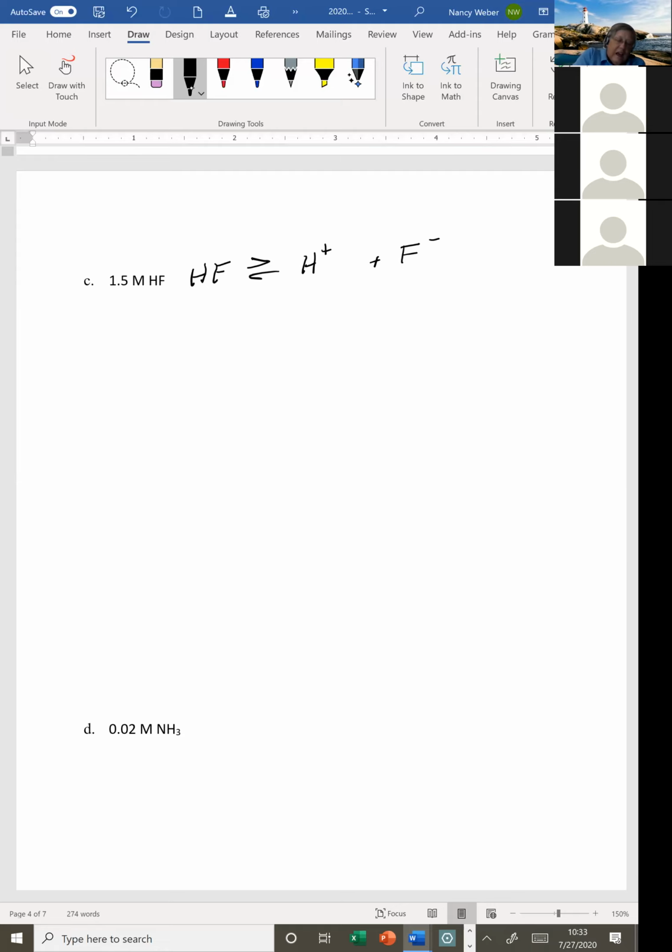If it's a weak acid, it means I need an ICE table and I need a Ka. Where do I get my Ka? Anybody know where to get the Ka if it's not given? Look it up. Yeah, look it up.